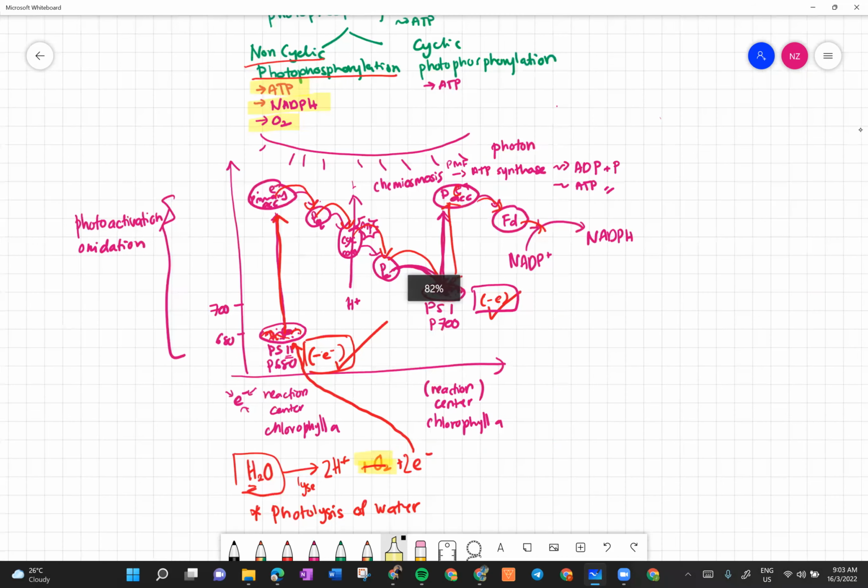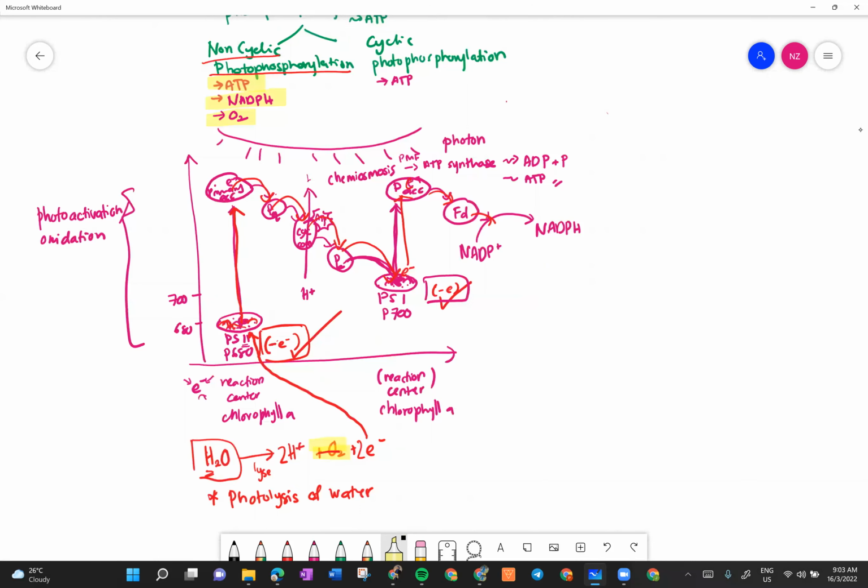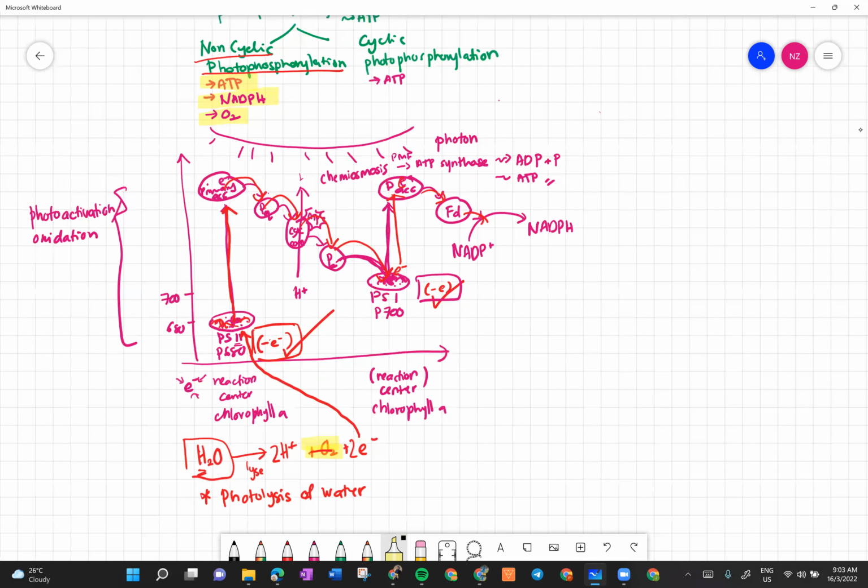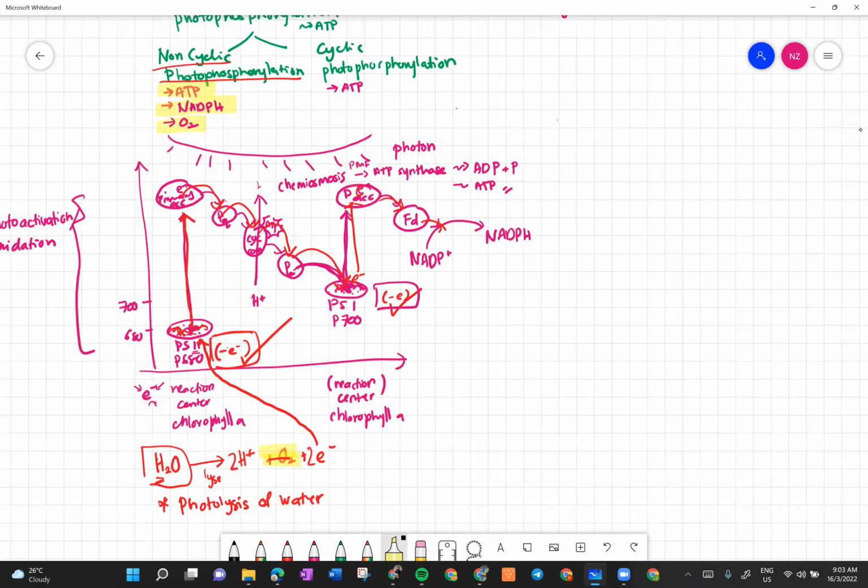cyclic one. Macam mana pula dengan non-cyclic? Okay, so non-cyclic, it only involve P700 saja. So I'm gonna lukis dekat sini lah, tepi sini, supaya korang tak confused.